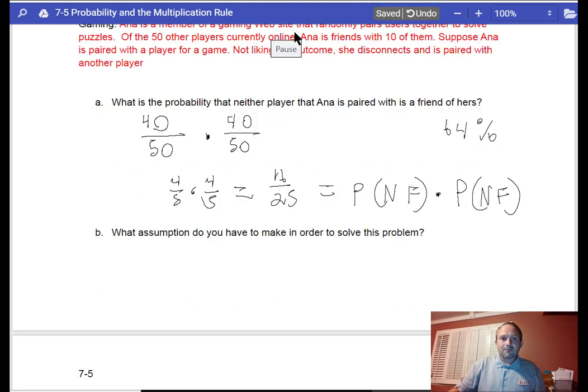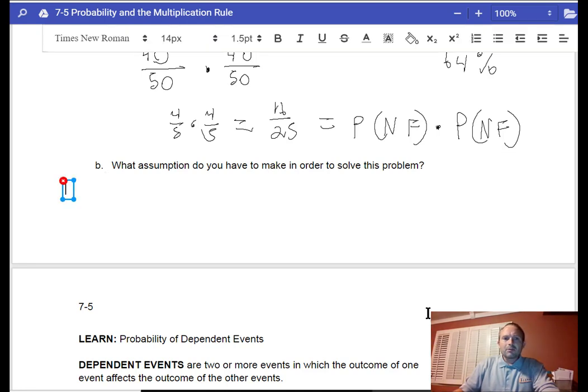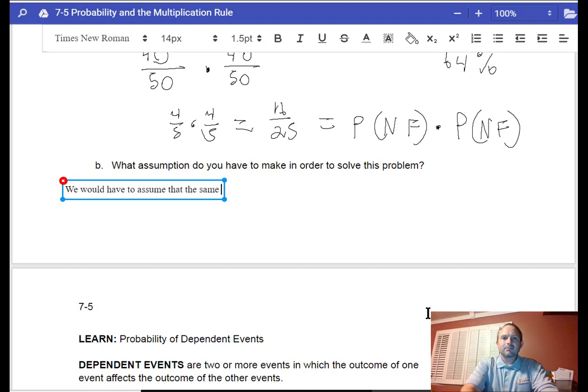All right, let's make a stop for right now. All right, so it asks us, what assumption do we have to make in order to solve this problem? Well, we would have to assume that the same 50 players stay on for both, I guess, random selections.